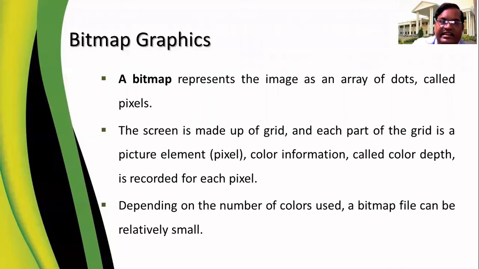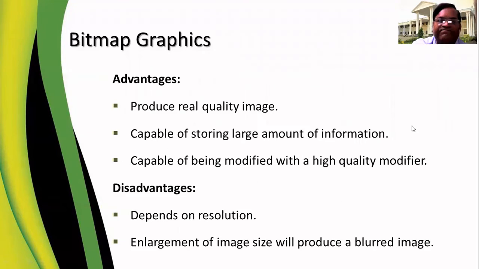The advantages of bitmap graphics: it produces real quality images. It is capable of storing a large amount of information in a single picture, and you can change or modify the quality of images as per your requirement. So it gives a high quality modifier for the graphics.